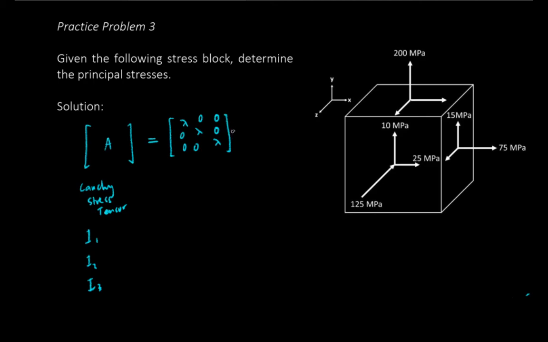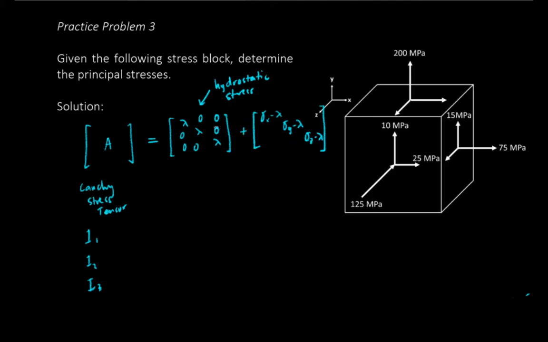So if this is the first component, then our second component should look like this. If we were taking out lambda on each of the diagonals, then the second component should look something like sigma x minus lambda, sigma y minus lambda, and sigma z minus lambda.